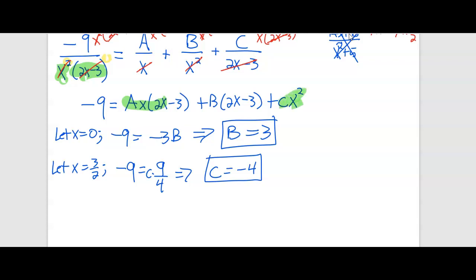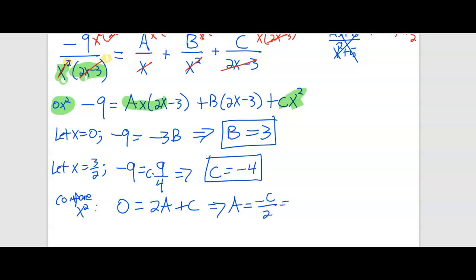So if I look at the x squared terms, and the c x squared, and the invisible 0x squared on the left, and compare the coefficients, on the left there are no x squareds. On the right we have 2a x squared plus c x squared. We can now solve for a. a is negative c over 2, and with c equal to negative 4, 4 halves is 2.